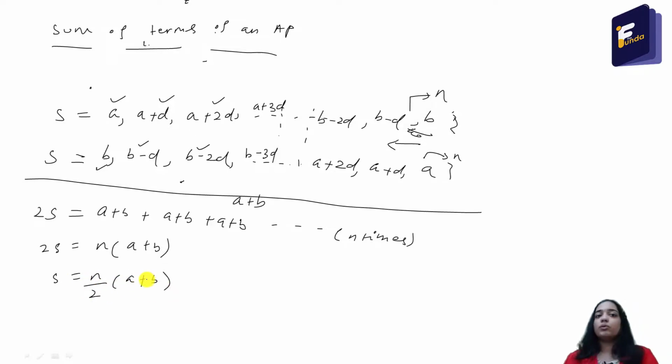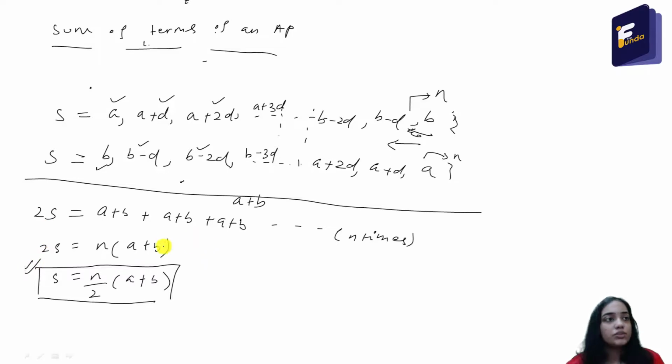So this is what we wanted to find. We wanted to find the sum of all the terms of an AP. So the sum of all the terms of an AP is S equal to n by 2 into first term plus last term. This is our formula. We have to remember it.